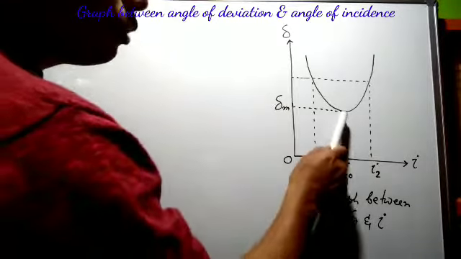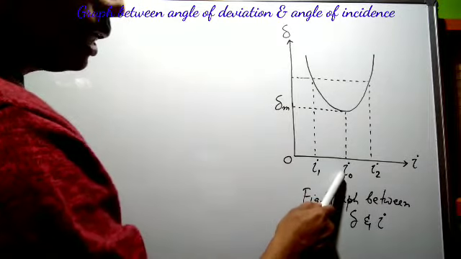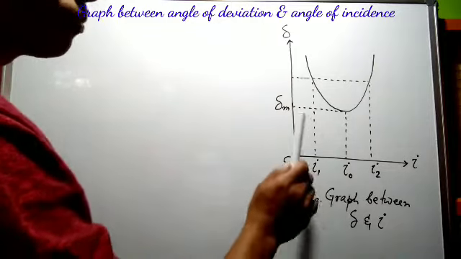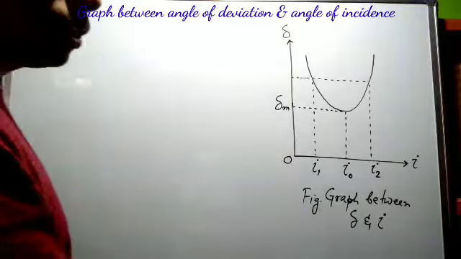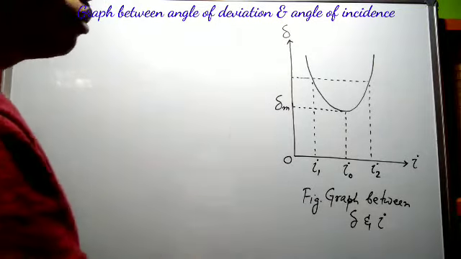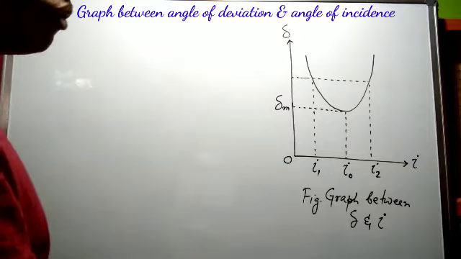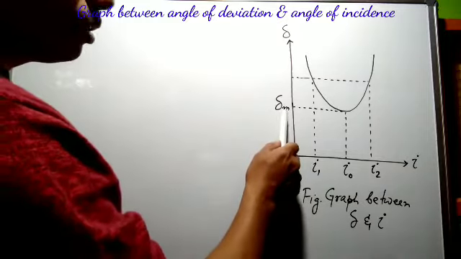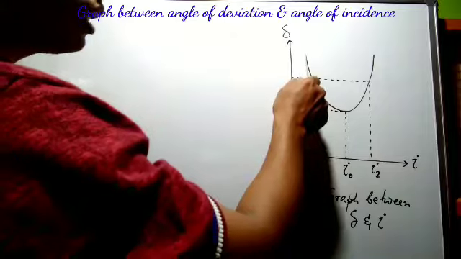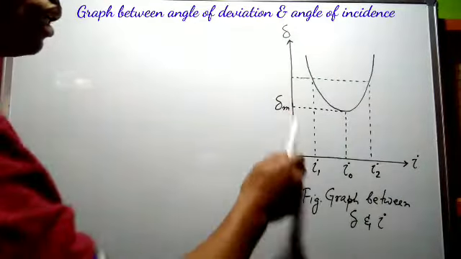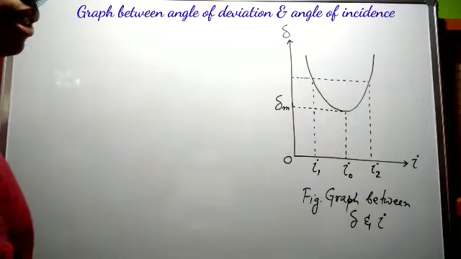At a particular value of angle of incidence, let it be denoted by I naught, the angle of deviation delta has its minimum value, and that is called the minimum angle of deviation. Let it be denoted by delta m.